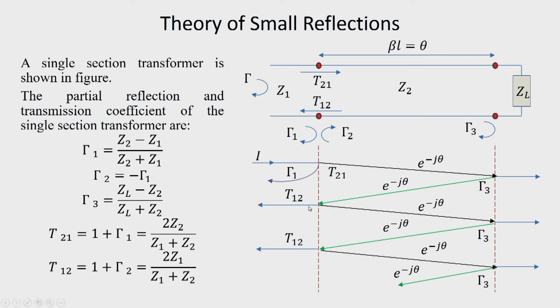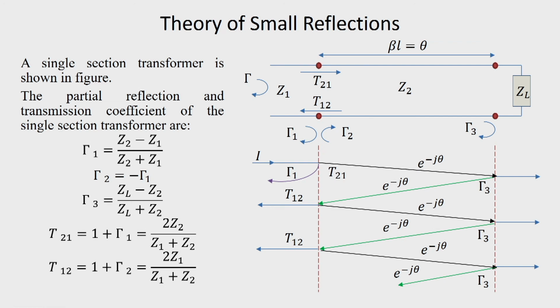here. So, finally, the wave that will emerge from here will be T21 e to the power minus j 2 theta into gamma 3 into T12. So, these are all waves, reflected waves from this interface, and these are all partial reflected waves.